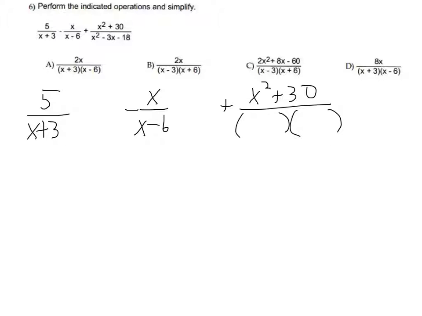Now, I'm going to take a wild guess, and say it's x plus 3 and x minus 6. You might think I'm taking chances, but I'm going to verify. There's our x squared. There's our minus 6 and plus 3 makes minus 3. And there's our minus 18.